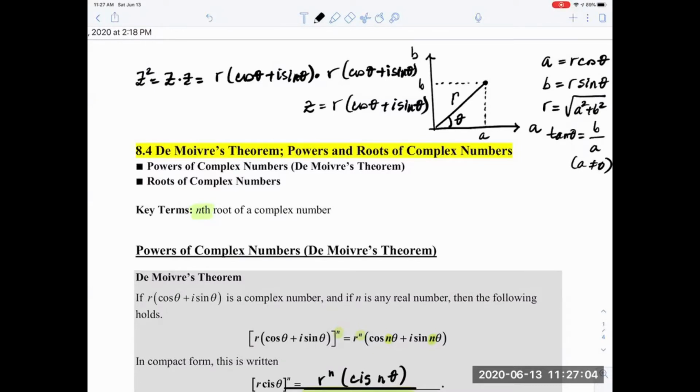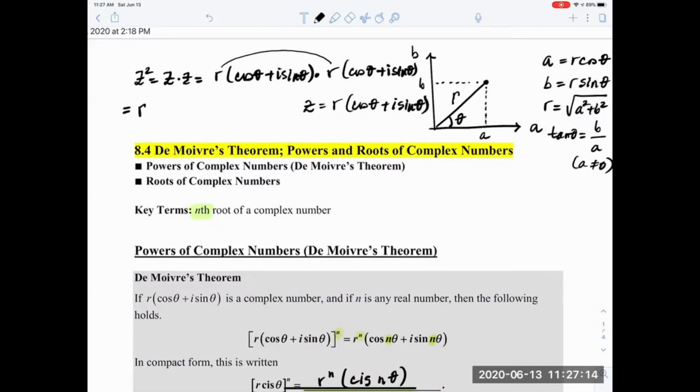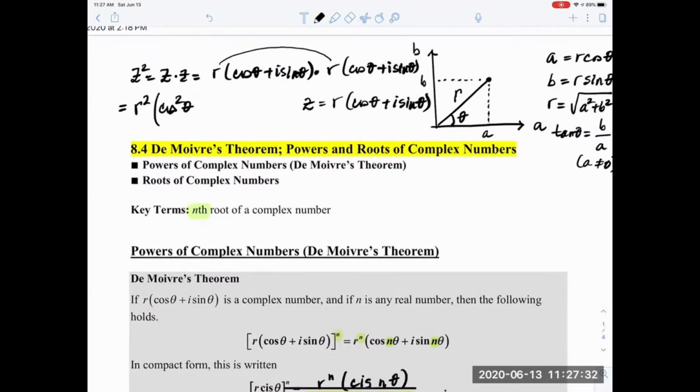When you do that, you multiply R times R, which gives you R squared. Multiplication is commutative, so you get R squared. And then in parentheses you have nothing else to do but to distribute each one of them. So cosine times cosine gives you cosine squared of theta. Then you have cosine times I sine, so it's plus I cosine of theta sine of theta.